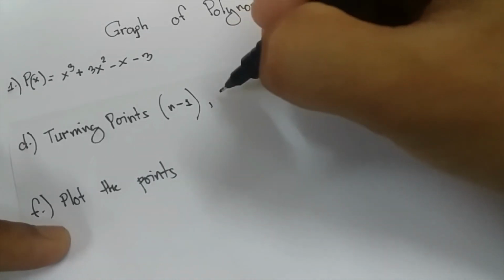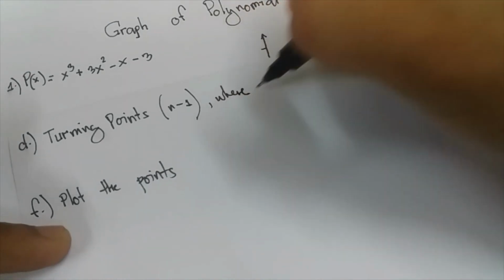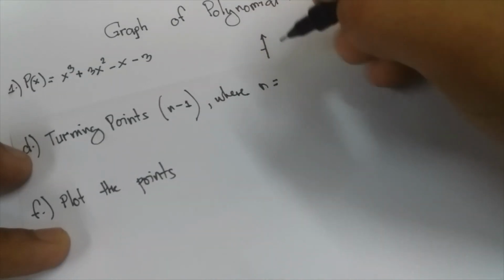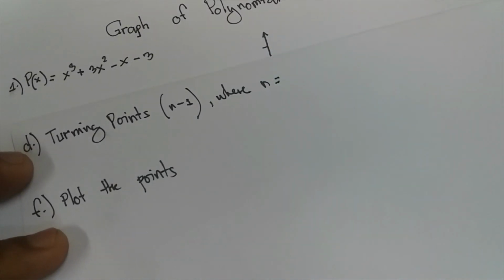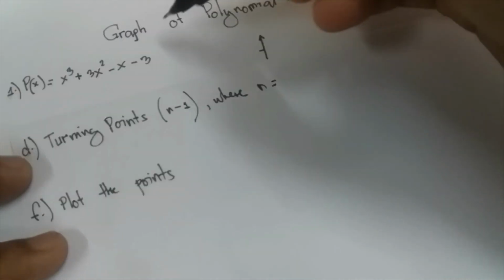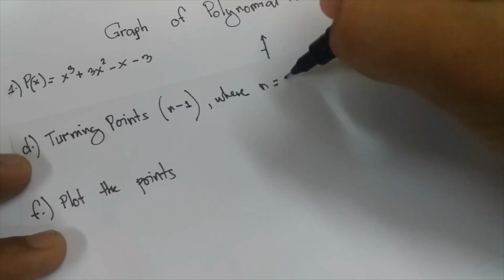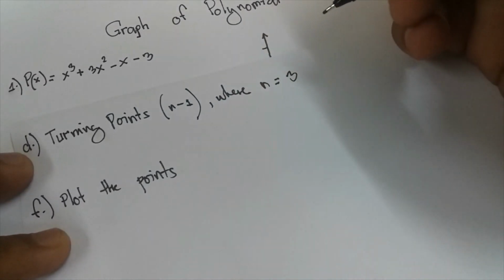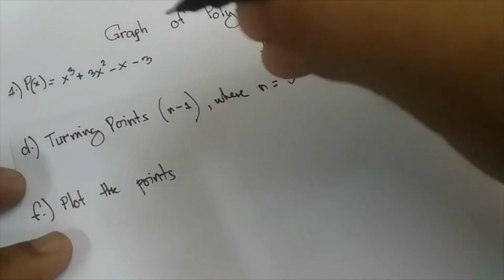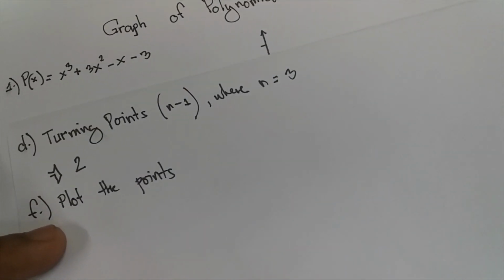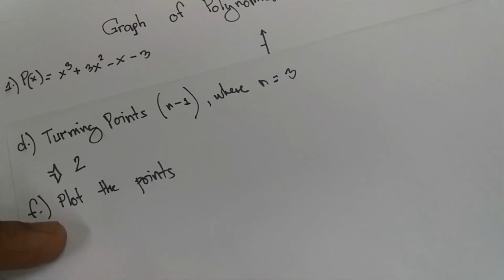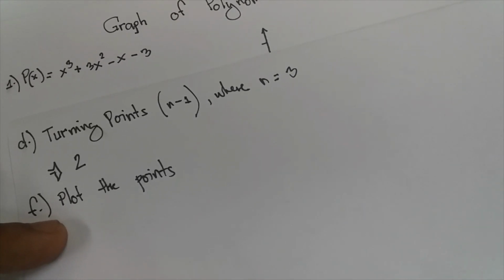The number of turning points is determined by n minus 1, where n is our highest degree. So for the highest degree in our polynomial given in the example, that is equal to 3. So 3 minus 1 is equal to 2. So it follows that we have 2 turning points in our graph. So we can see that later on.